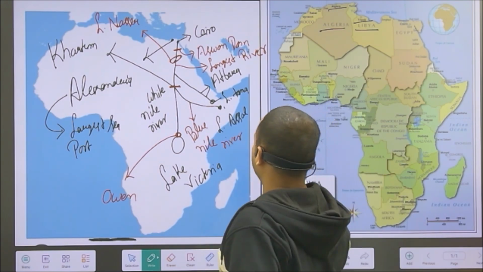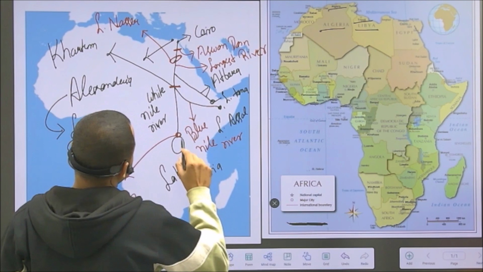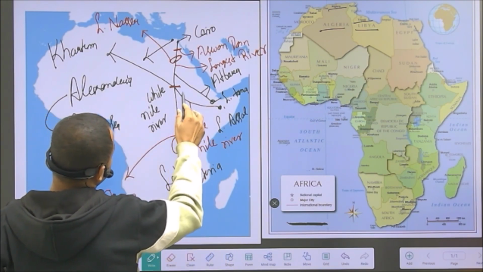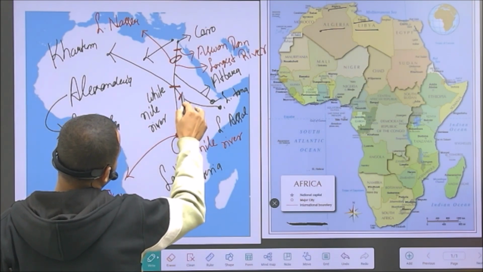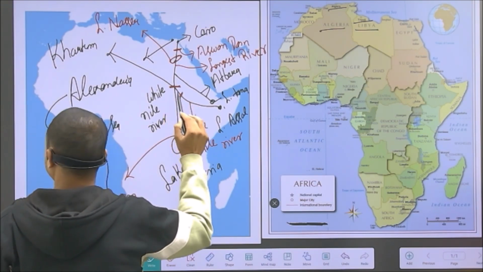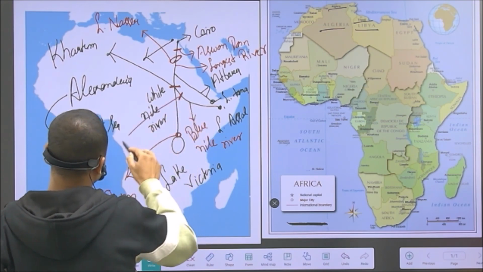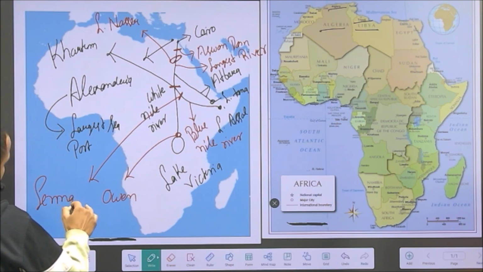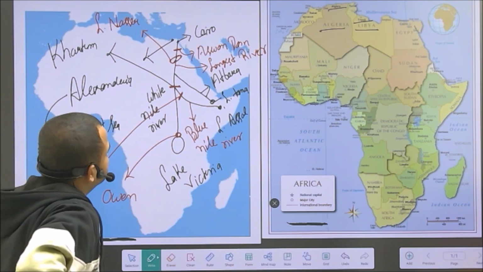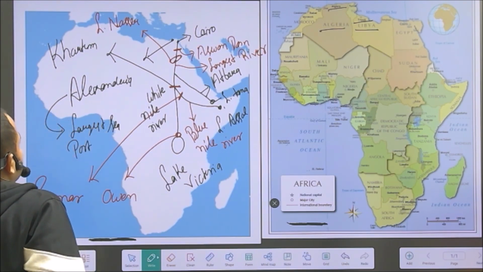In Blue Nile River, before merging into White Nile River, here you can see one dam which is called as Sennar Dam. So these are important facts about Nile River.